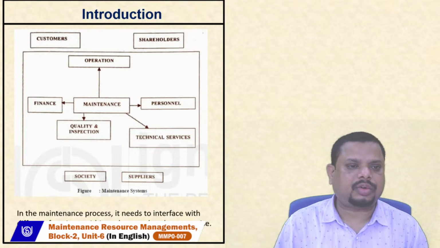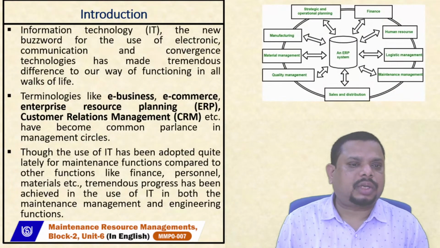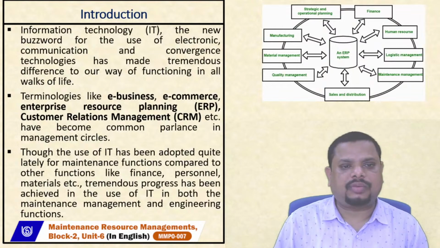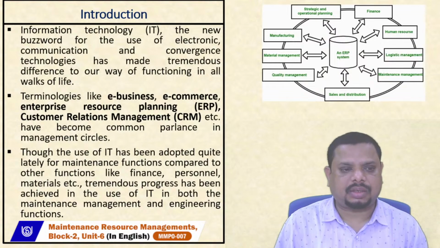That means we have to focus on what is known as the internal customer, as well as the external customers. Moving to the next one, information technologies. This is a new buzzword for the use of electronics, communications, and convergence technologies that have made a tremendous difference to the way we function in all walks of life.